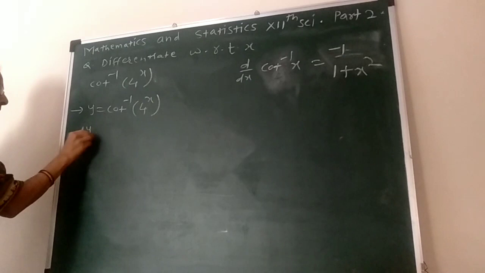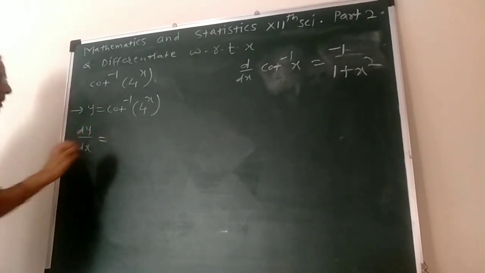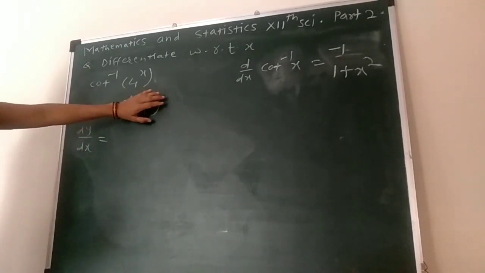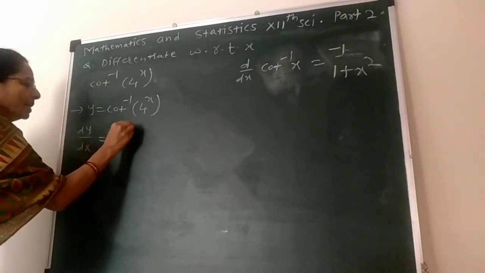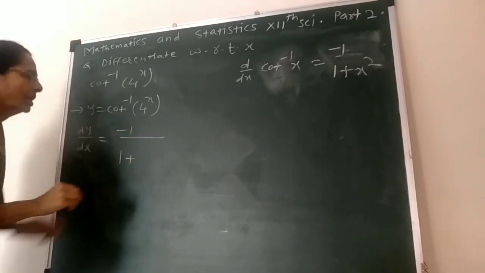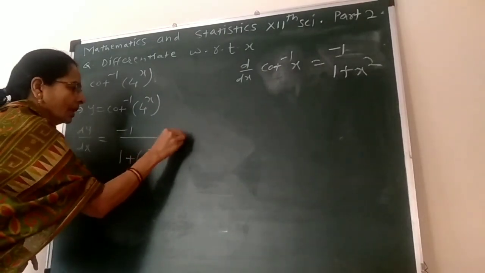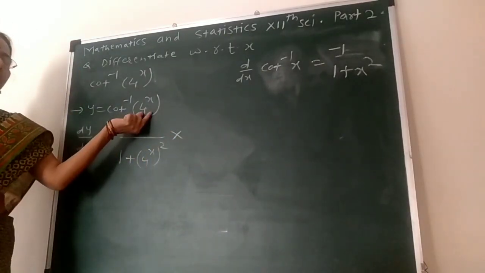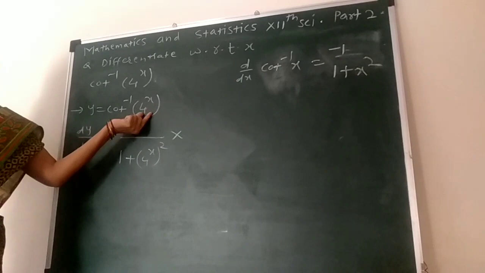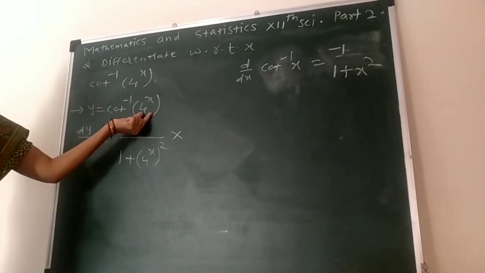Dy by dx is minus 1 upon 1 plus x square, times the derivative of this term 4 raised to x, which is 4 raised to x log 4.